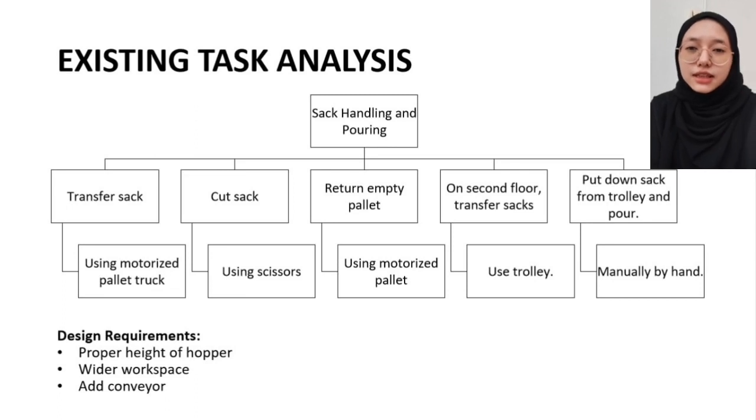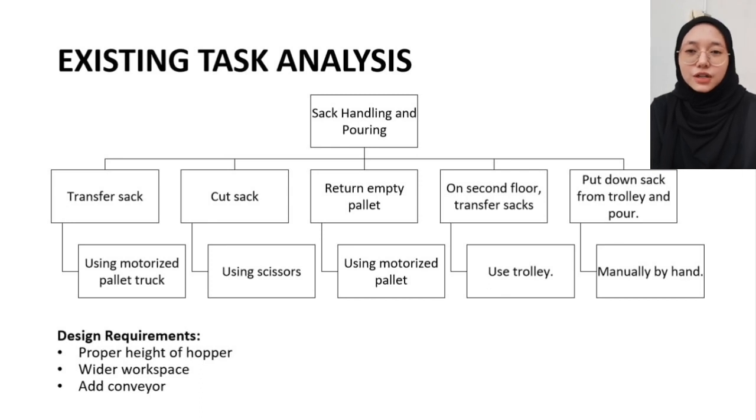For the existing task analysis, the worker needs to transfer sack from the standby area to the hopper station using a motorized pallet truck, put the sack on the floor, cut using scissors and pour into the hopper. After that, due to narrow space, the worker needs to reverse the motorized pallet truck and return to the standby area.